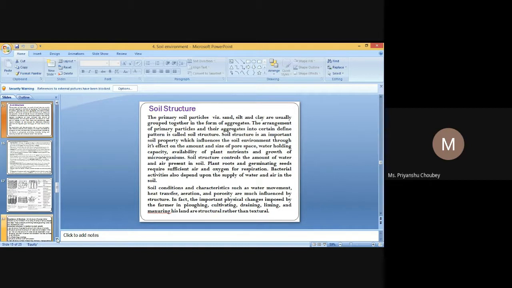Soil conditions and characteristics such as water movement, heat transfer, aeration, and porosity are much influenced by structure. In fact, the important physical changes imposed by the farmer in planning, cultivation, draining, liming, and manuring of his land are structural rather than textural.